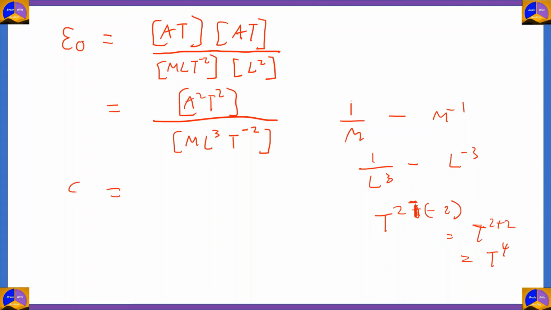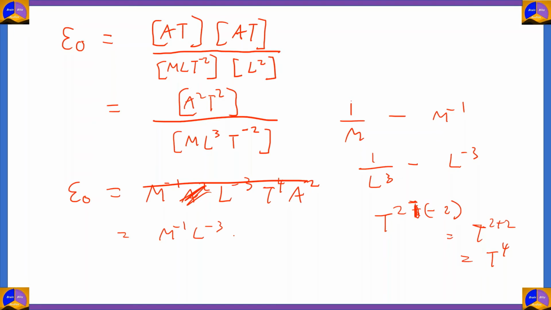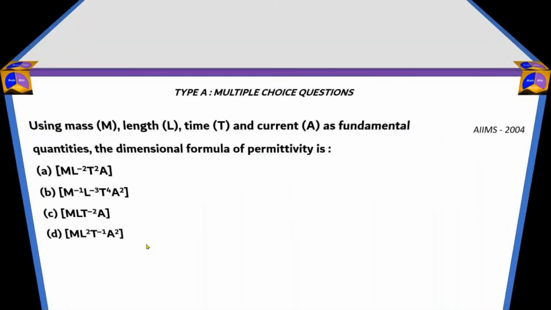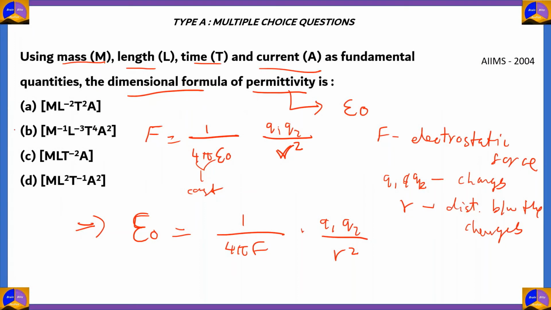So the dimensional formula for permittivity is M raised to minus 1, L raised to minus 3, T raised to 4, and A raised to 2. So let's write it down. M raised to minus 1, L raised to minus 3, T raised to 4, A square. So this is the formula for permittivity. So that is option B. So option B is the right answer for the dimensional formula of permittivity.